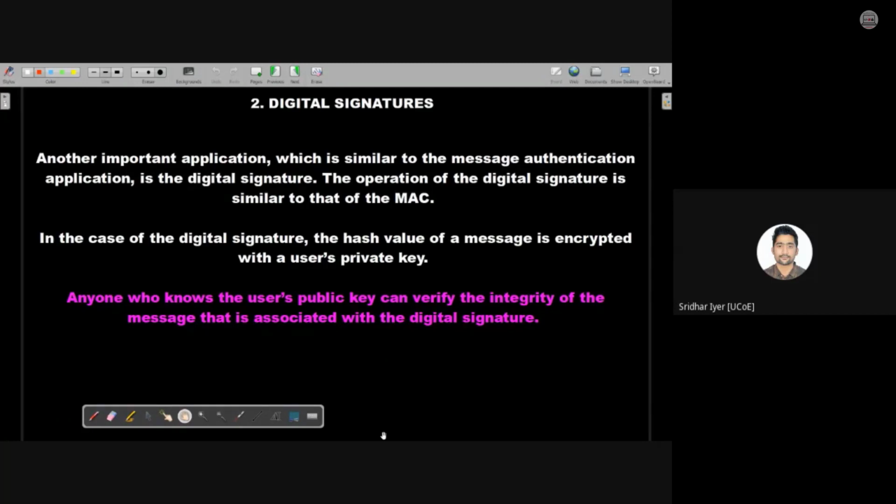The same concept I have told you just now. So basically, anyone who knows the user's public key can verify. This particular word is very important. So what we can say is, with the help of digital signatures, we can verify the message integrity or the message authenticity.